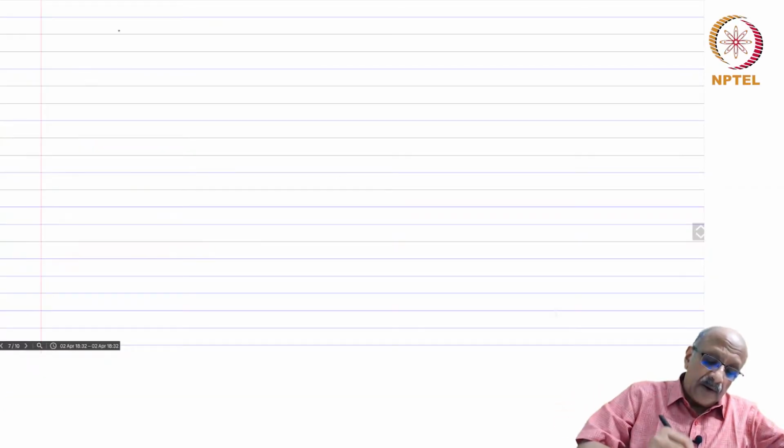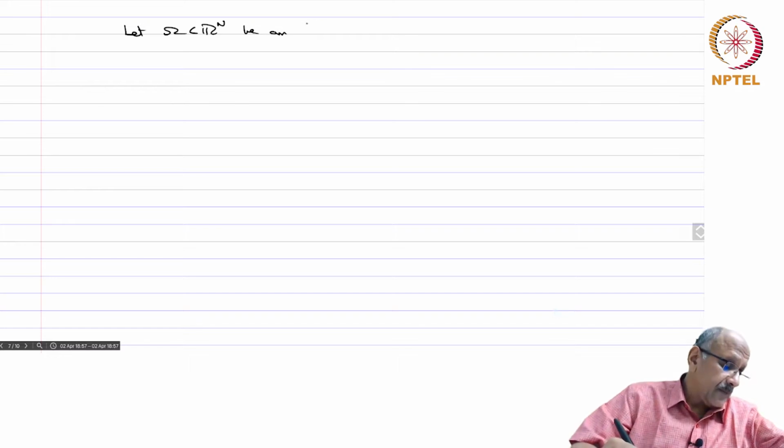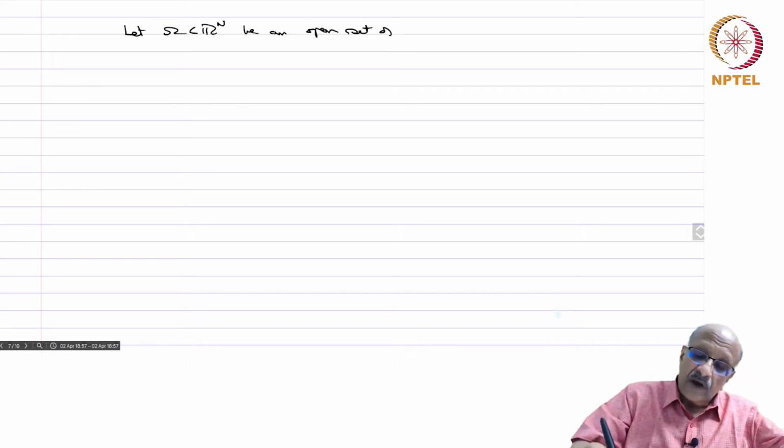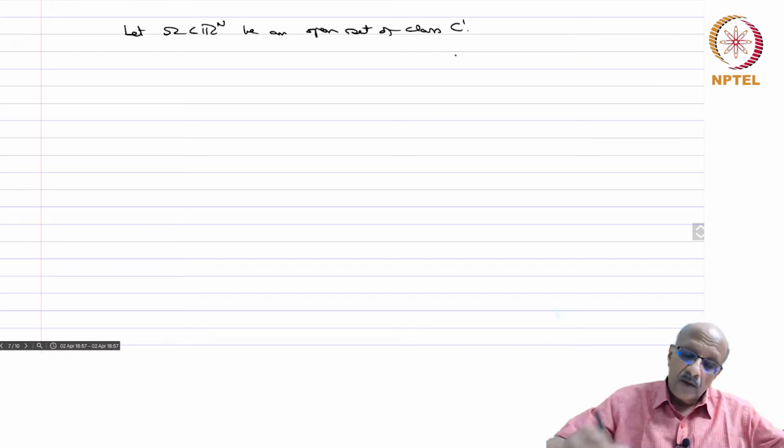So now let omega contained in Rn be an open set of class C1. So then what do you have?